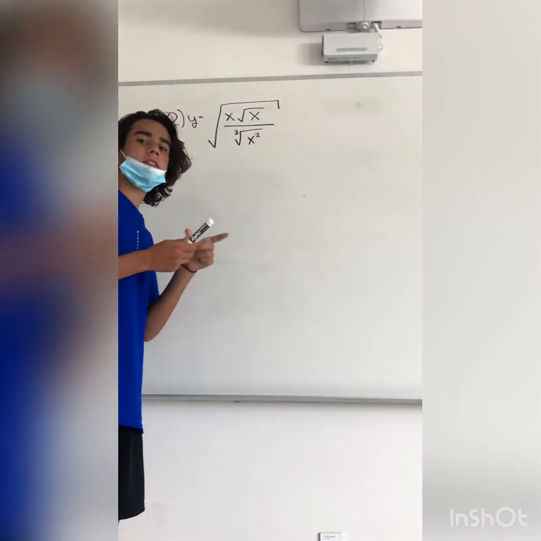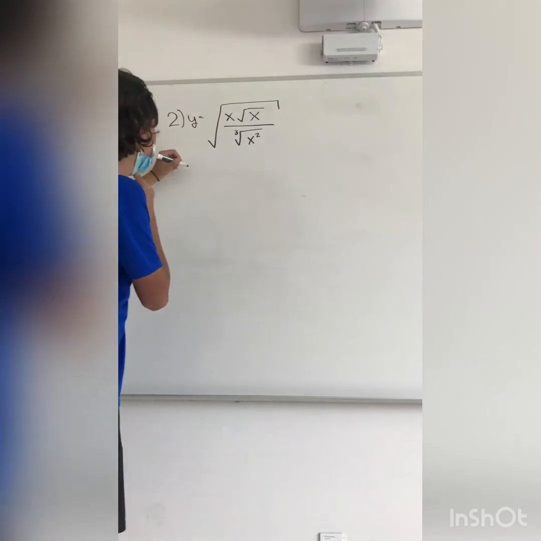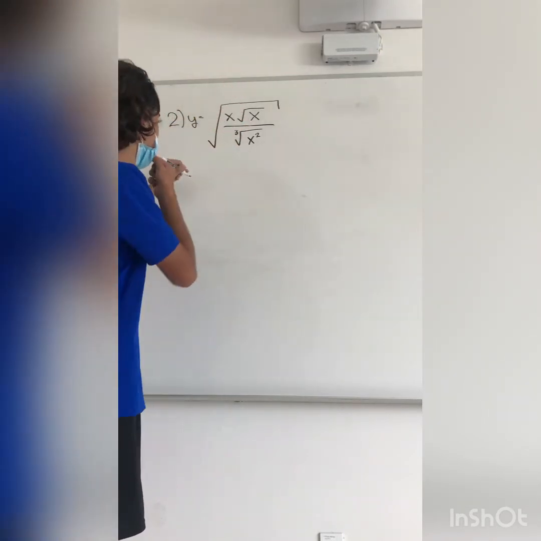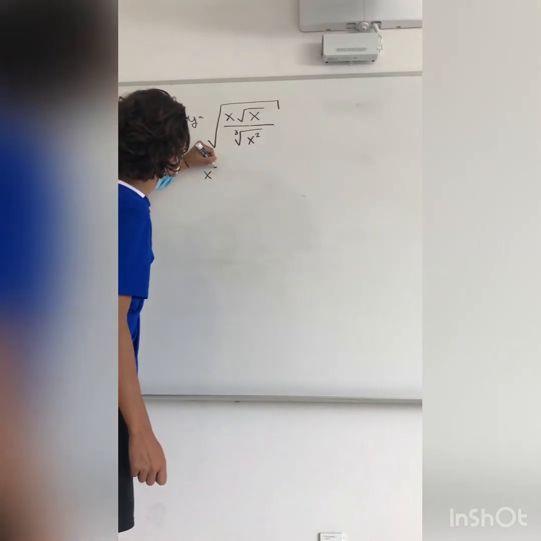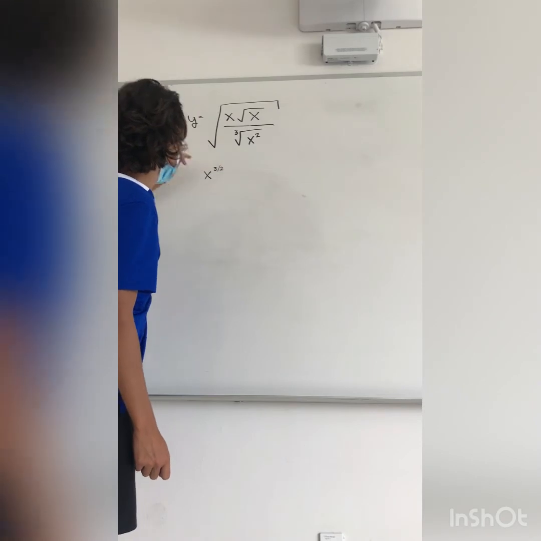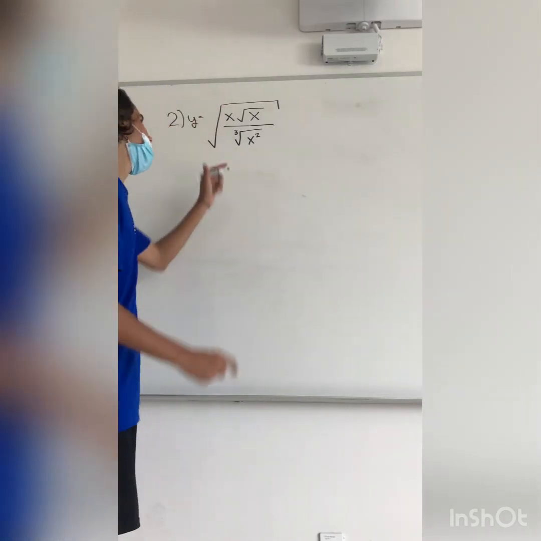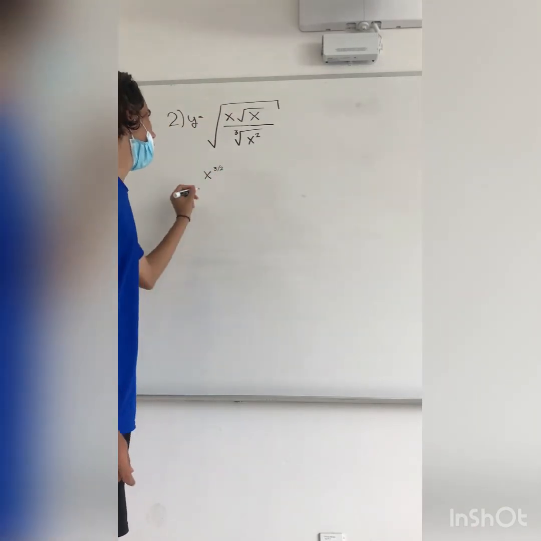Okay, this is my second exercise, and first we are going to multiply the x and the x to the 1/2, so it's x to the 3/2, because 1 is 2/2, and this one that is only a half, it goes to 3/2.